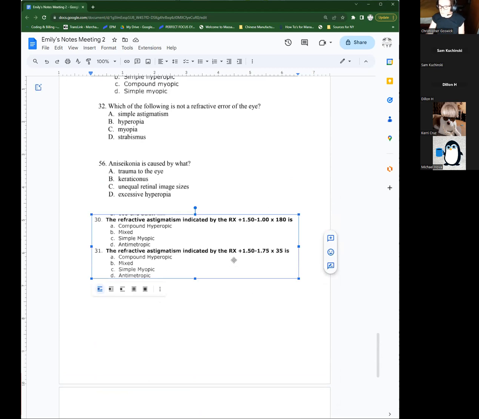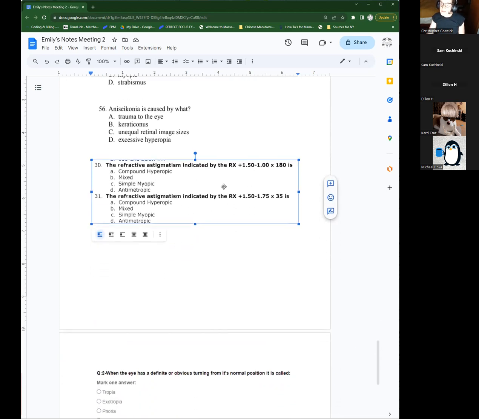And then for the last bit here, we actually did this top problem out when we drew on the whiteboard, but these are what the refractive astigmatism questions are like. These can be tricky because if I were to just look at both of these, I'd say, oh yeah, those are mixed astigmatism, right? But actually I would have to work it out. This one I think is mixed, because if we did this out, it would be plus 1.50 and then minus 0.25.